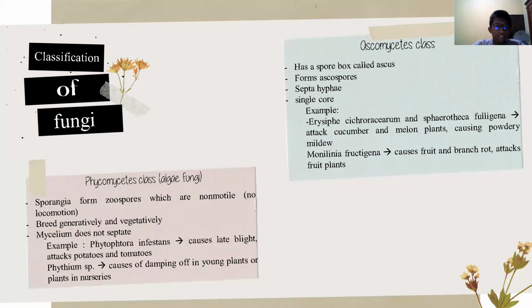Mycelium does not have septa. The second one is the Ascomycetes class, which has a spore sac called an ascus, forms ascospores, has septate hyphae, and a single nucleus. Examples: Erysiphe cichoracearum and Sphaerotheca fuliginea attack cucumber and melon plants, causing powdery mildew. Monilinia fructigena causes fruit and branch rot, attacking fruit plants.